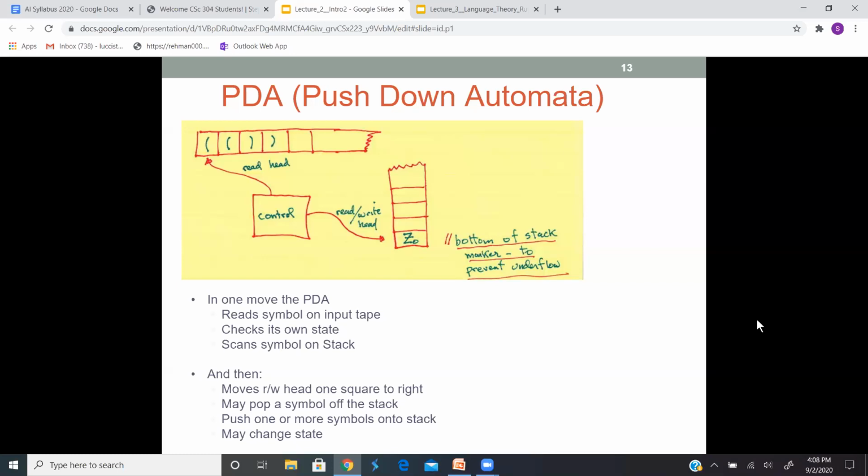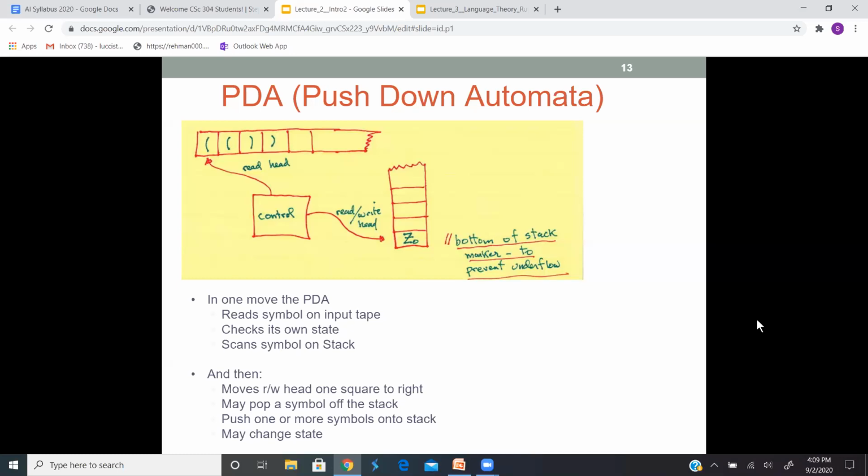We used to take 1 plate, and that's where we'd put our food on. Now, they don't let us touch the food. They do it. If you actually took the Z sub 0, you can't put food on it. It's like metal. It's actually welded to the bottom. So that's the bottom of stack marker, and that's to prevent underflow.